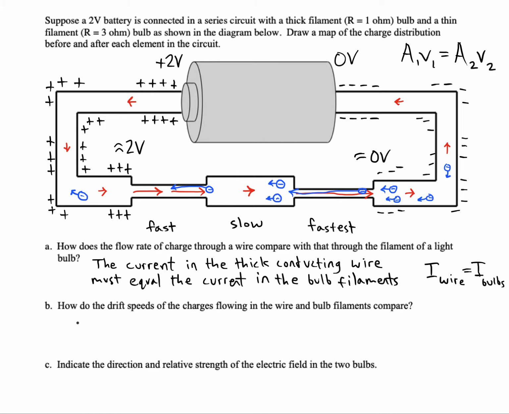Well, one of the formulas we have from the past is I equals NQA times the drift speed. Let's say, just for the sake of argument, that the current and the N and the Q stay the same. When the cross-sectional area goes down, the drift speed goes up.